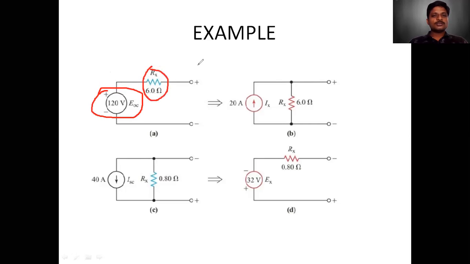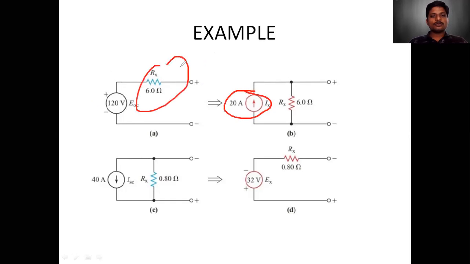Using Ohm's law, you can find the current I equal to V by R. V by R means 120 by 6, that will give you 20. So you can write a 20 amp current source. Instead of in series, you have to make this resistor parallel. That is the source transformation, particularly voltage source to current source.